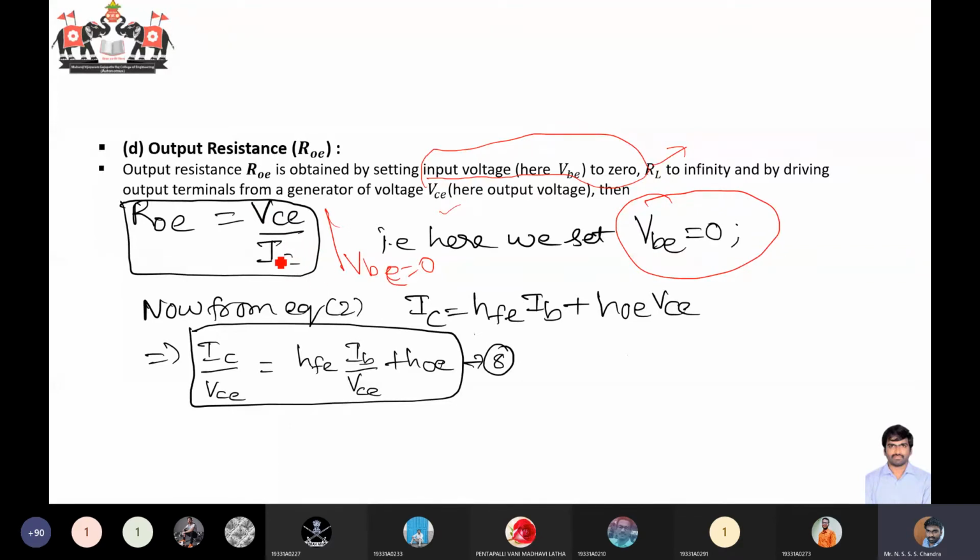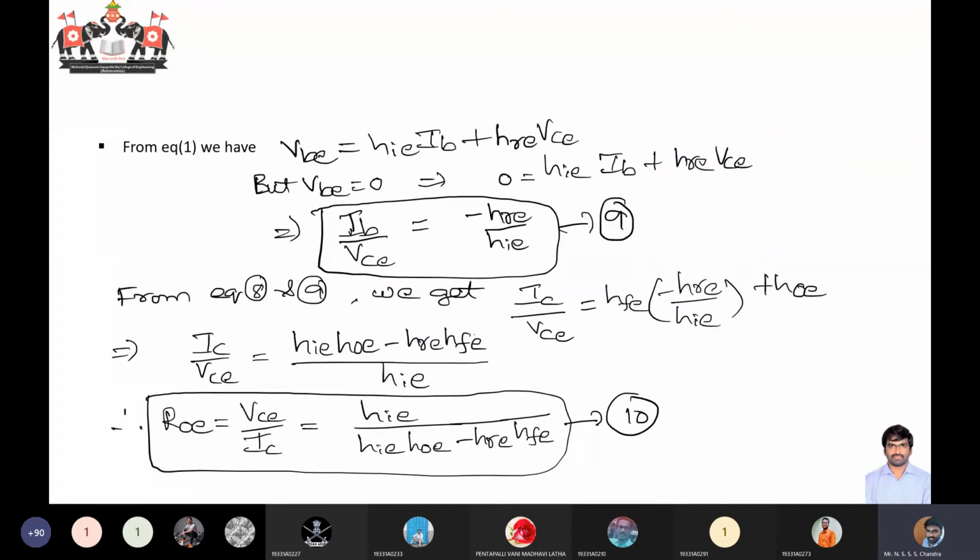From equation 2, the output current IC is equal to HFE into IB plus HOE into VCE, right? Now I am dividing this equation by VCE. It becomes IC by VCE is equal to HFE into IB by VCE plus HOE. Now we will be using equation 1. Equation 1 is VB is equal to HIE IB plus HRE VCE, right?